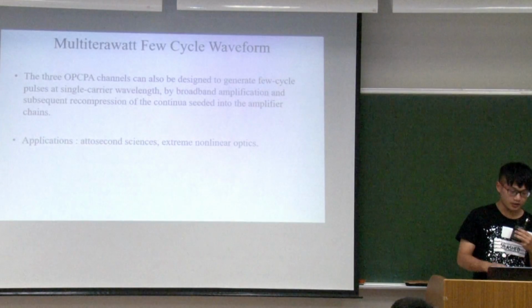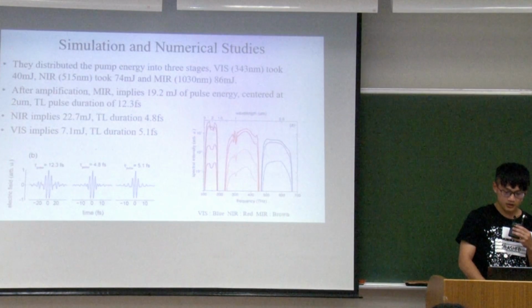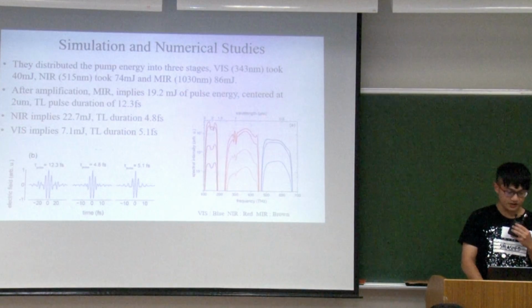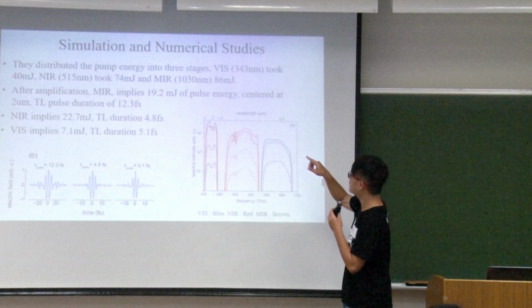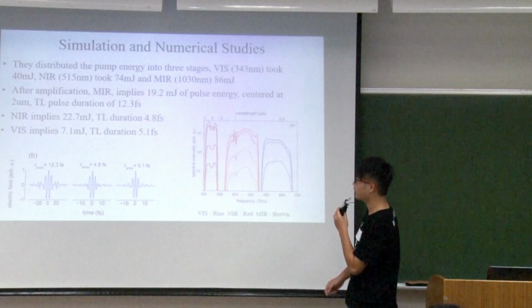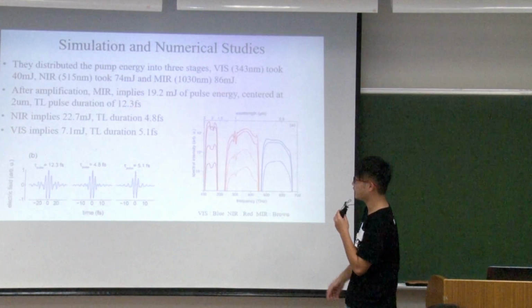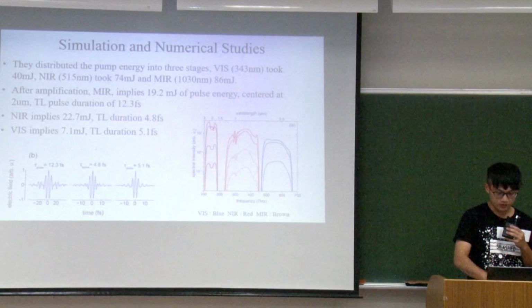And the application can be used in attosecond science or some nonlinear optics. And in their simulation and numerical studies, they show that they can achieve TL pulses at 12.3 femtosecond at MIR, 4.8 femtosecond at NIR, and 5.1 femtosecond at VIS spectrum.